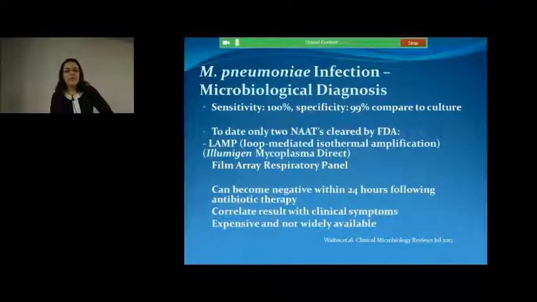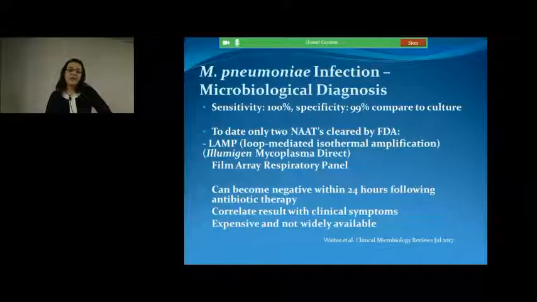It has 100% sensitivity and 99% specificity compared to culture. Only 2 NATs are cleared by the FDA to date to be performed on clinical specimens: the LAMP, marketed as Illumigene, and the FilmArray respiratory panel that I mentioned a few minutes ago.